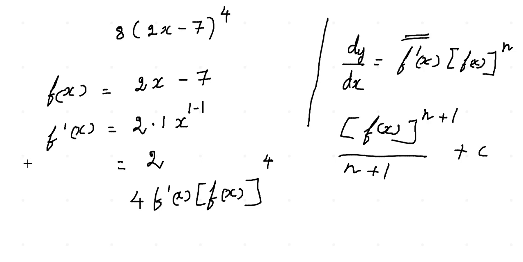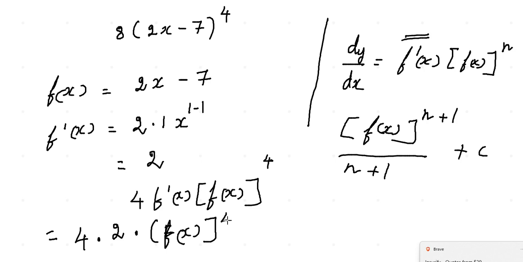So that is equal to 4 multiplied by f prime of x, which is 2, and then f of x, which is (2x minus 7) to the power of 4, right? If the situation is like that, then you use the above formula.